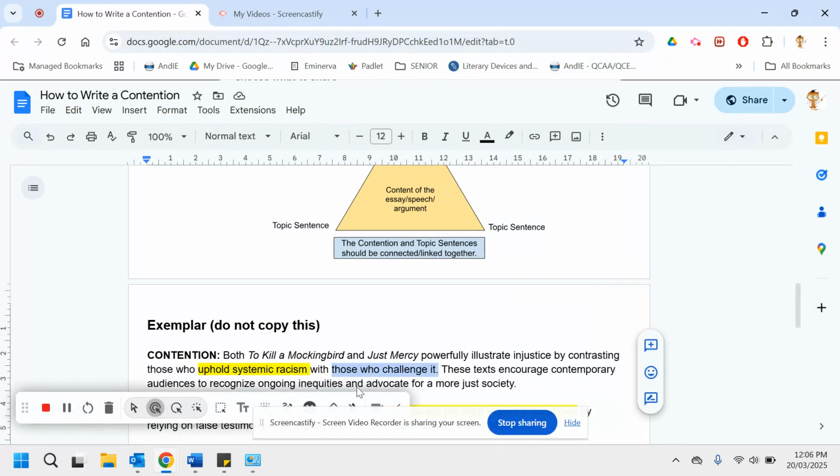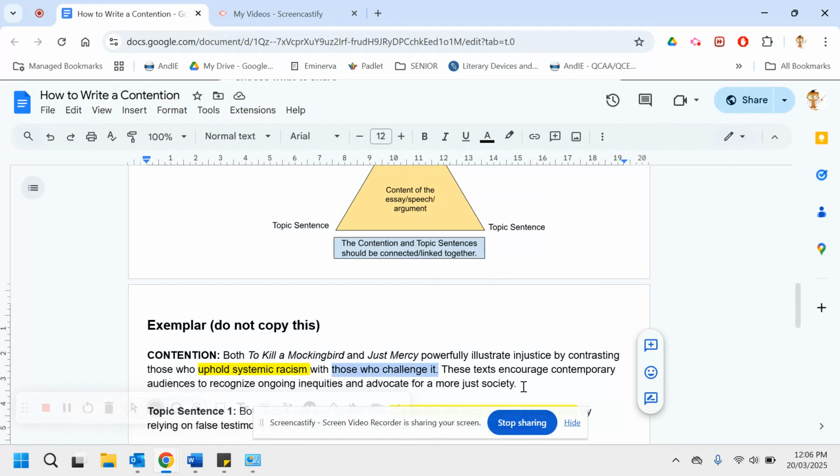Okay, and then I also have made a link in a separate sentence about why it still matters today. Obviously it still matters today because it's still an issue in our current society, which is why I've written that there.